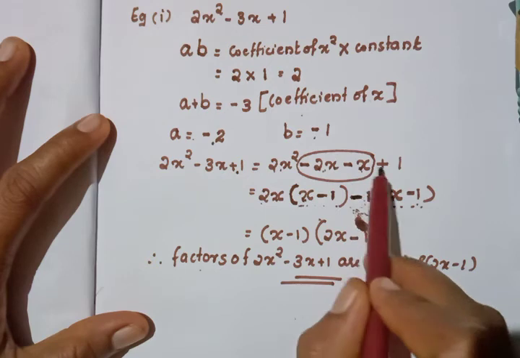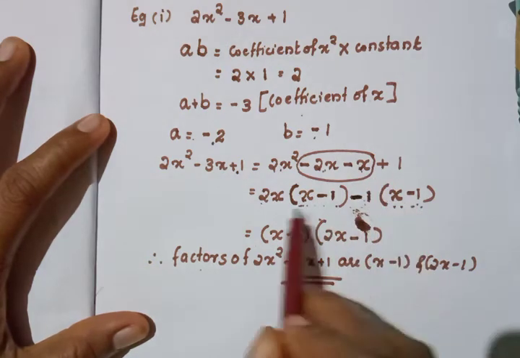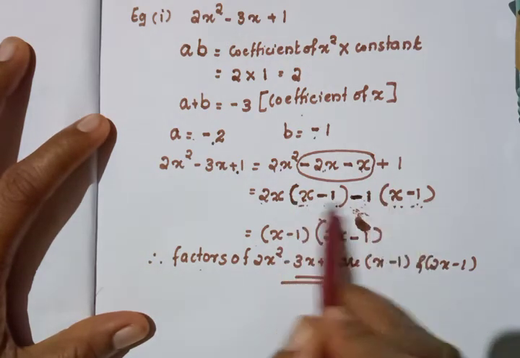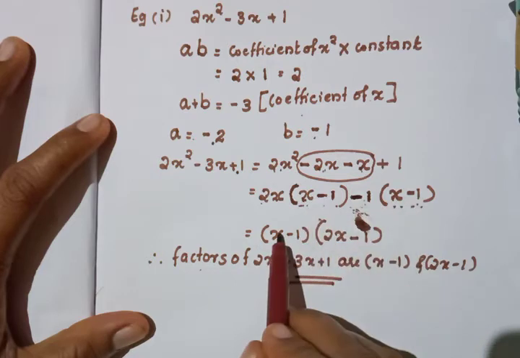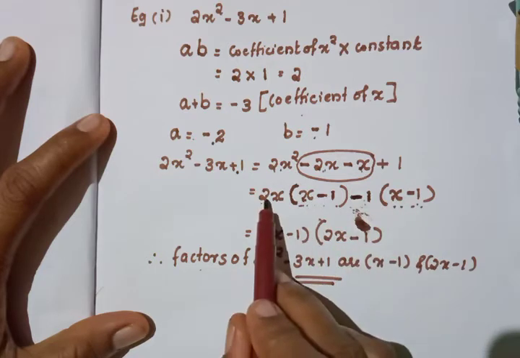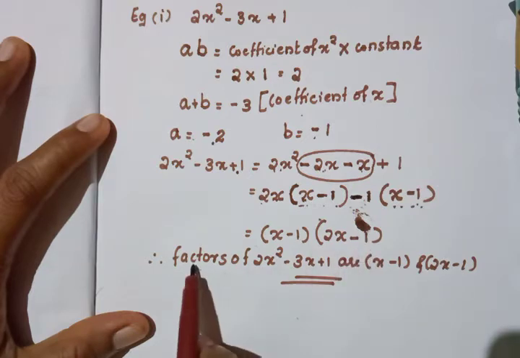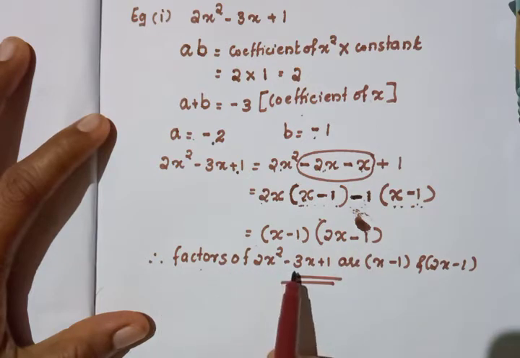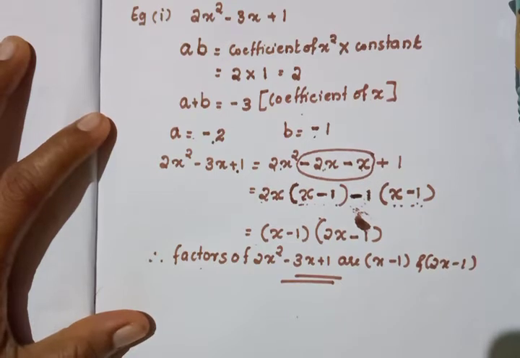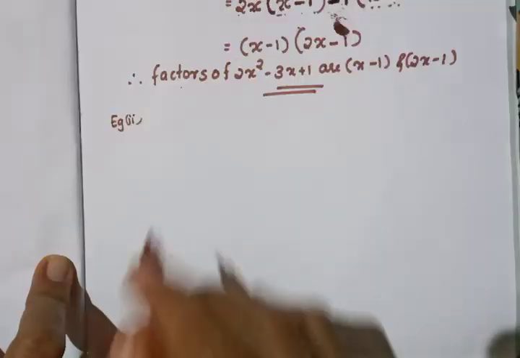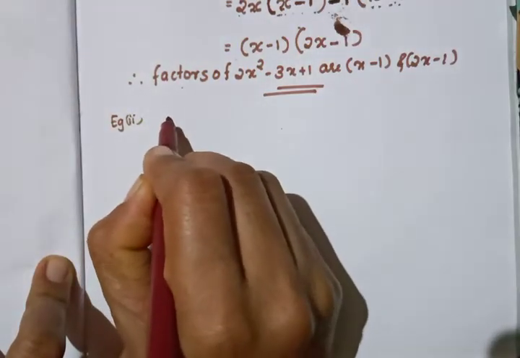So x minus 1, and this becomes minus 1. Again see inside the bracket there is a common factor, that is x minus 1 taken. Again what is remaining here? 2x, and what is remaining here? Minus 1. So factors of 2x square minus 3x plus 1 are x minus 1 and 2x minus 1. Clear?